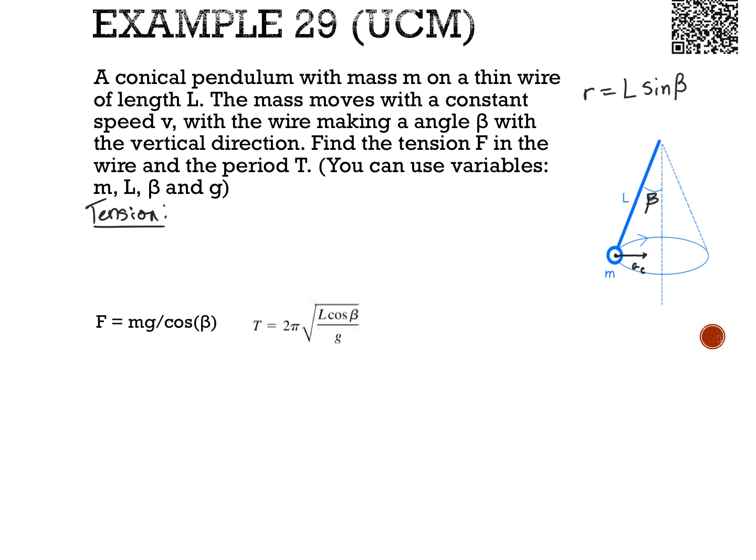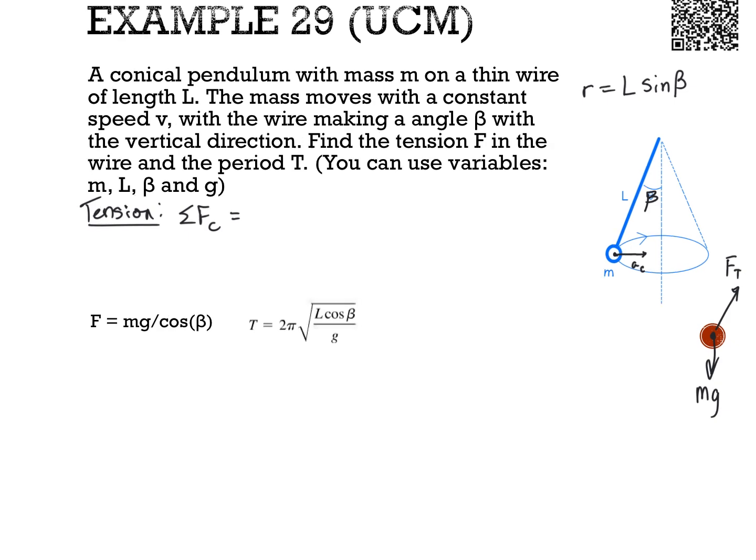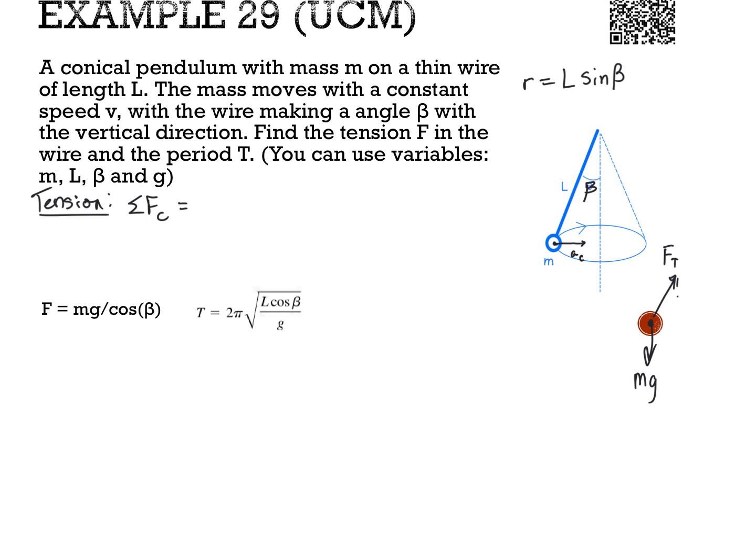All right. So now, for the tension, we know that the sum of forces centripetal is going to be equal to, oh, I'm going to do it that way. Forces that we have is we know we have mg down, and we have tension force this way. So I'm going to do the same thing again. Break this into two pieces.